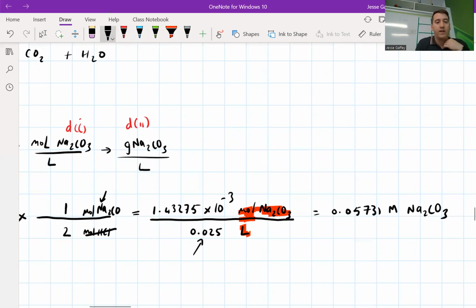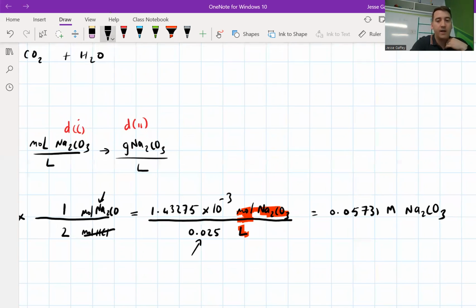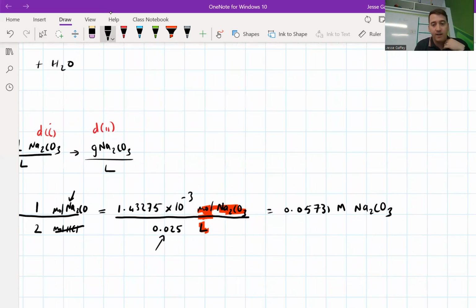All right, so at this stage, what I think is always a good idea as well is to highlight this in red maybe, a different color, to make it stand out, that this is your answer to D part 1.